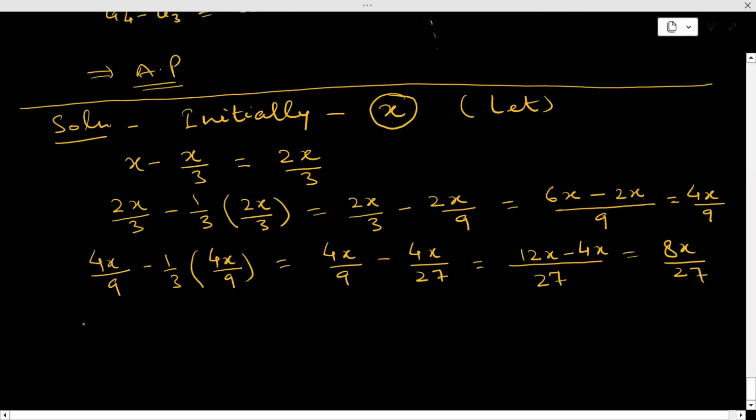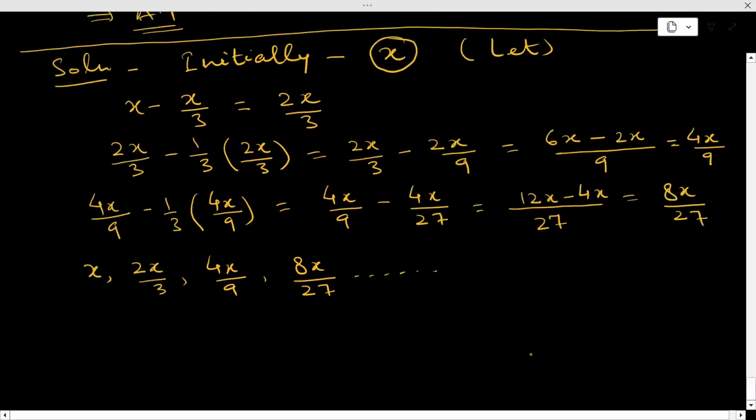So now initially we are having X, next we are having 2X by 3, next 4X by 9, next 8X by 27, and so on.